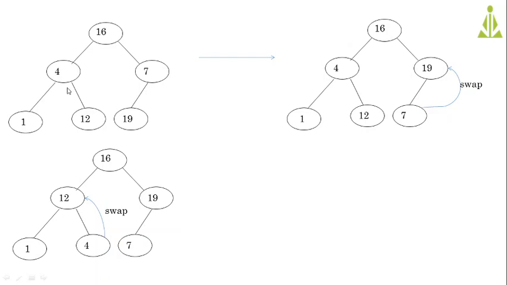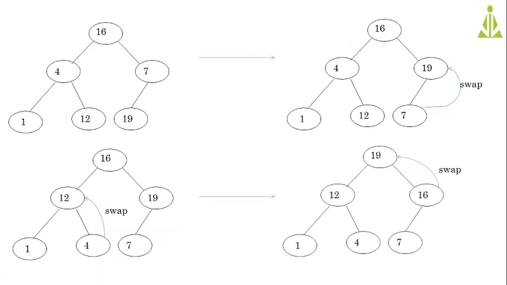The next one is 12 and 4. Here also 12 is greater than 4, so we swap. At the last, what we got is 12, 1, 4. Yes, 12 is greater than 1 and 4. Very good. 19 is greater than 7. Now the next step: is 16 greater than 12?